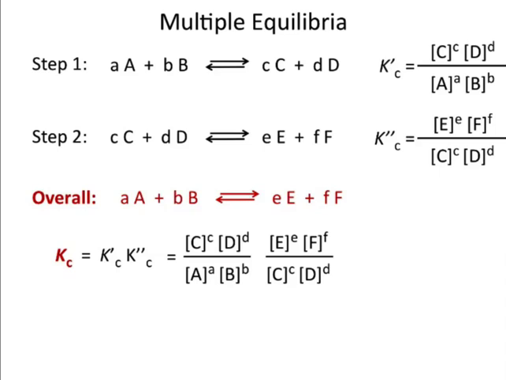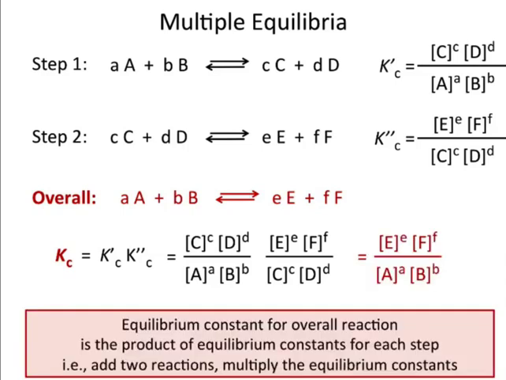The reason this works is if you take each of these original equilibrium constants and multiply them by each other, look, the C and the D are going to cancel out, and then you're left with what you would expect for this overall reaction. It looks a little something like this. So if you take two or more steps and add them together, then the equilibrium constant of the overall is just the product of all those individual equilibrium constants. Okay, just another thing to know.